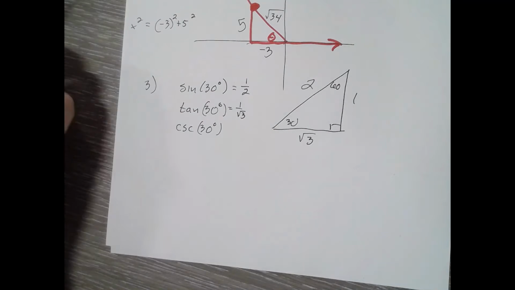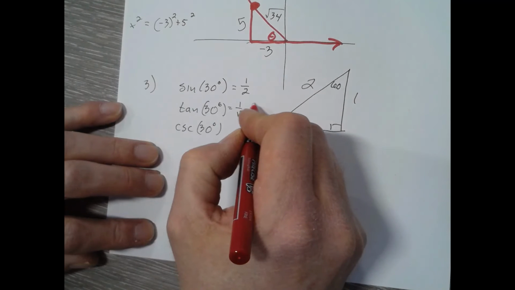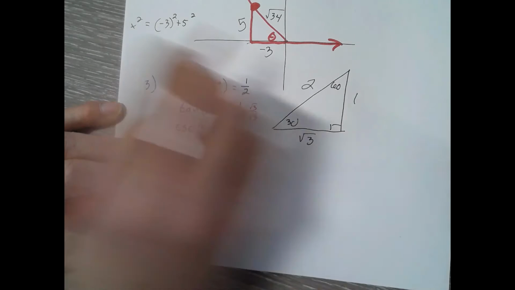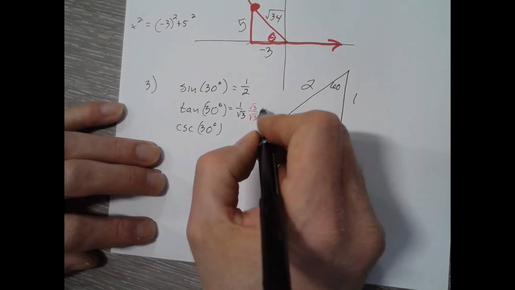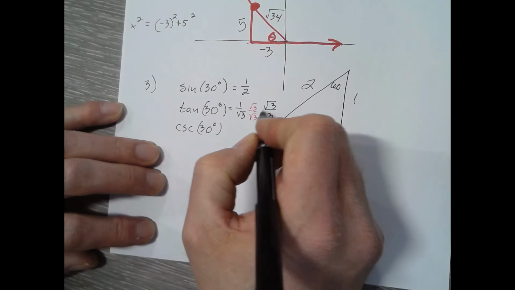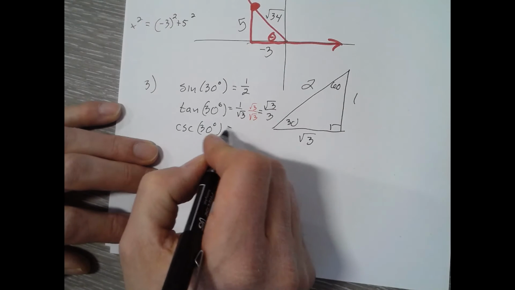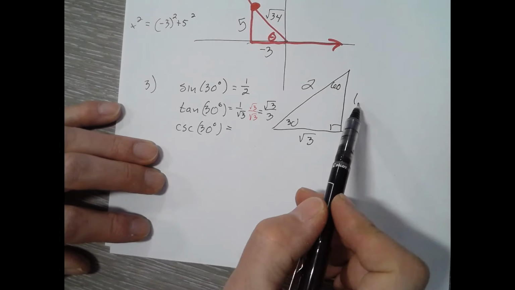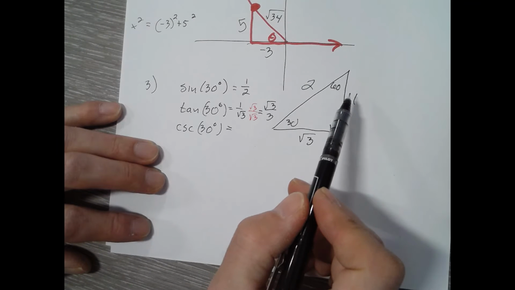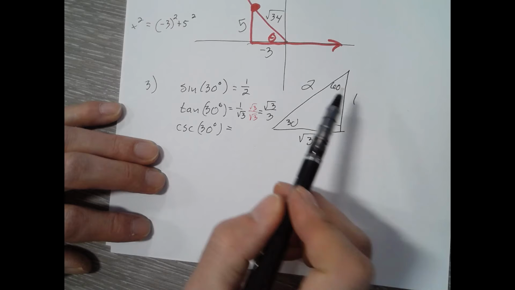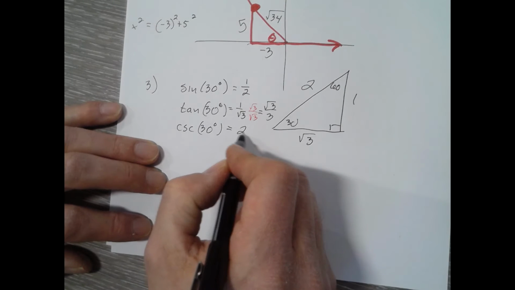We don't like square roots on the bottom, so multiply by square root of 3 over square root of 3. That would give me the square root of 3 over 3. And the cosecant of 30 is the reciprocal of sine. So sine is 1 over 2, so the cosecant would be 2 over 1, or just 2.